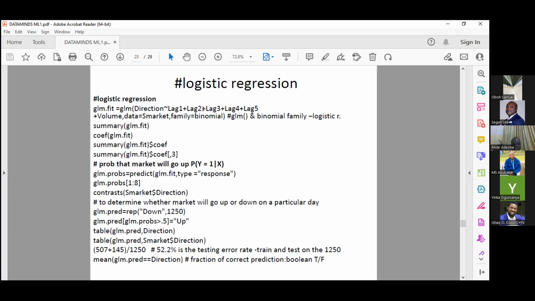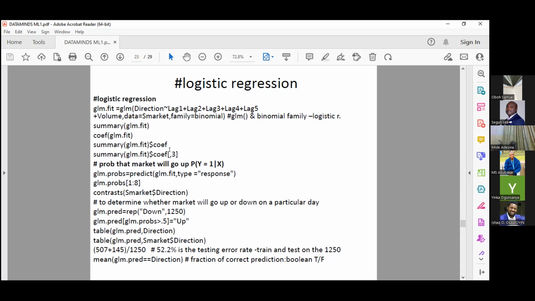If we declare the family to be binomial, it will fit logistic regression. Then the next line is summary. Because we have declared glm.fits to be the model, it could be anything, you can just say ordinary fits, but what you need the summary of is glm.fits. Then we obtain the coefficients from glm.fits, the ordinary coefficients. We just want to look at the coefficients only, not minding the entire summary.